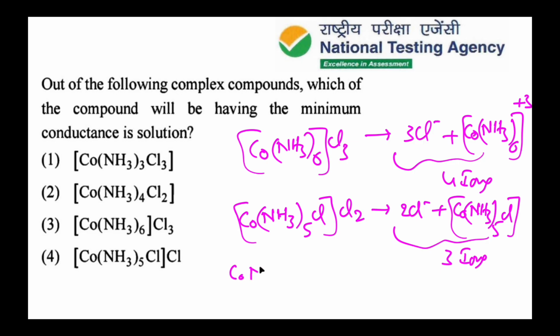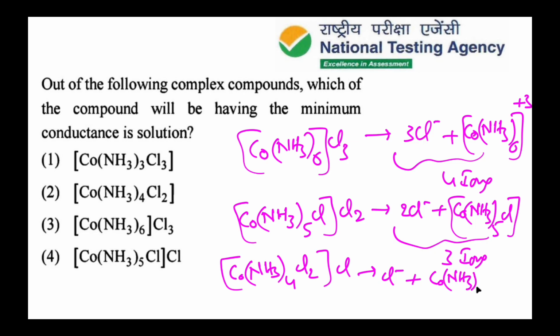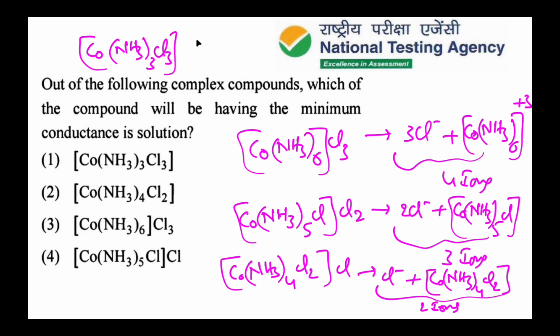Then Co(NH3)4Cl2 Cl gives Cl minus and the complex Co(NH3)4Cl2, so it contains 2 ions. Coming to Co(NH3)3Cl3, it does not give ions.